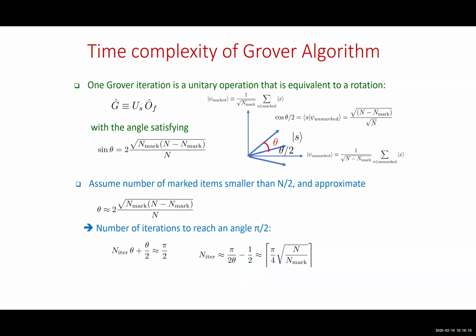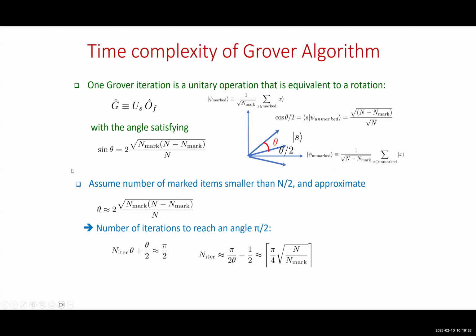They're all equivalent, but it's hard to think in terms of amplitude and wave function, so maybe this one's easier. For large n, you do the expansion, because this is an angle, a sine, and when n is large you get an approximation, and you get a quadratic speed up.